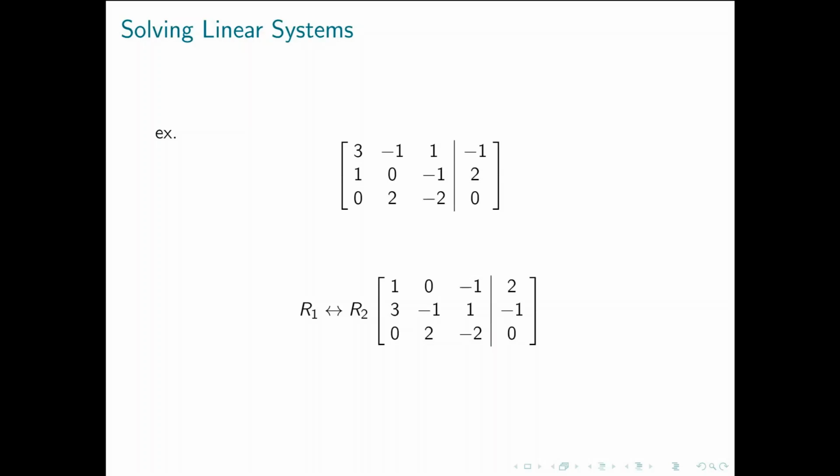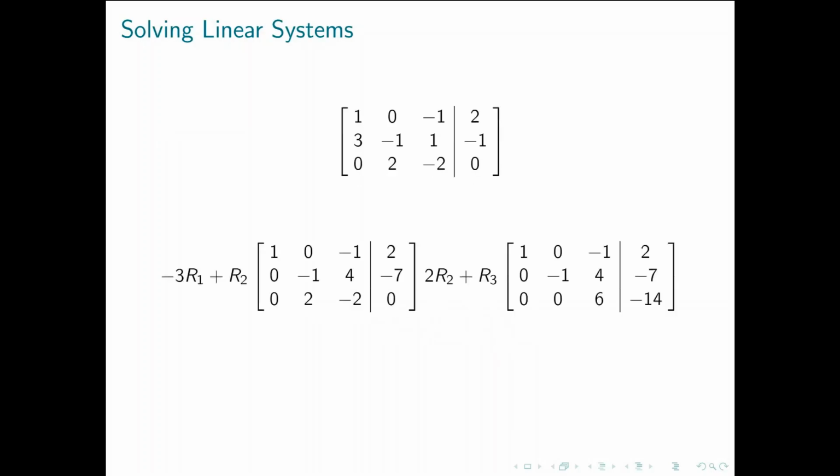So I swapped row 1 with row 2 because row 2 initially began with 1 and row 1 initially began with 3. I want the row that begins with 1 to come first and then the row that begins with 3, and if I had more rows that began with non-zero entries, I would order them like that, and then all the rows that begin with 0 come after that.